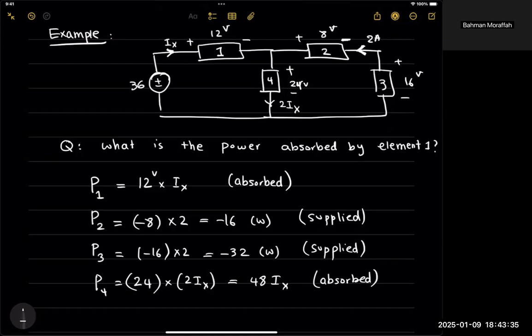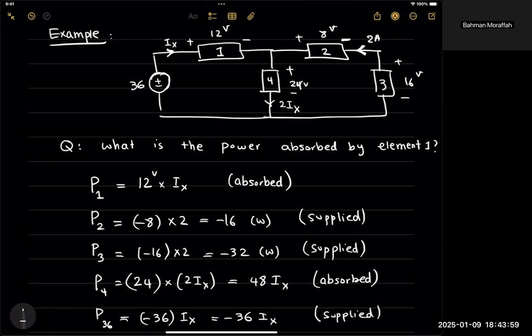And for this element over here, let's call it P36, it is minus 36 times Ix, so it's minus 36 Ix watts, right? Or we can just say it's 36 Ix supplied.